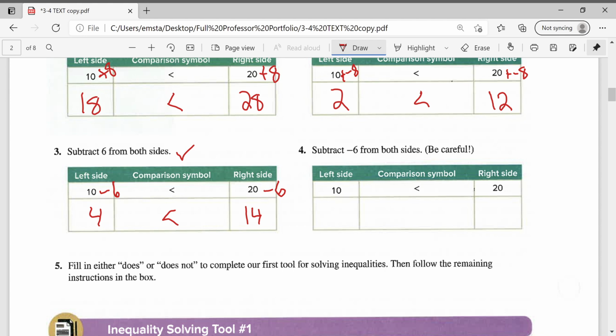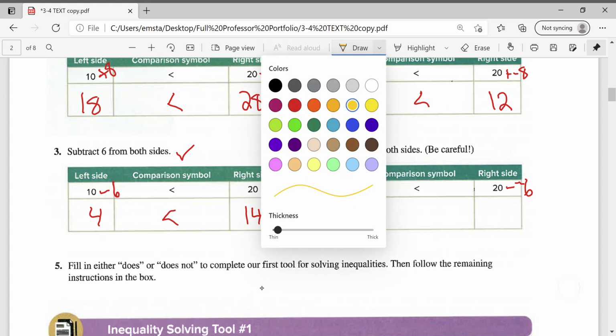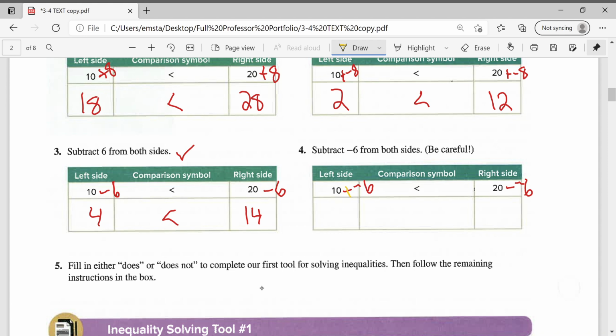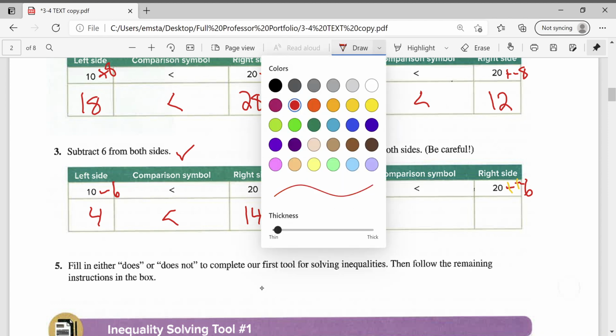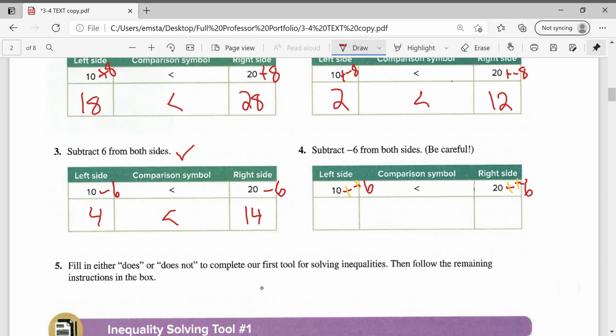How about subtracting -6? Be careful, we're going to have double negatives. 10 minus -6 and 20 minus -6. What happens when we have those double negatives? Double negatives will become positive. So I actually end up with 10 plus 6 and 20 plus 6. 10 plus 6 is 16. 20 plus 6 is 26.